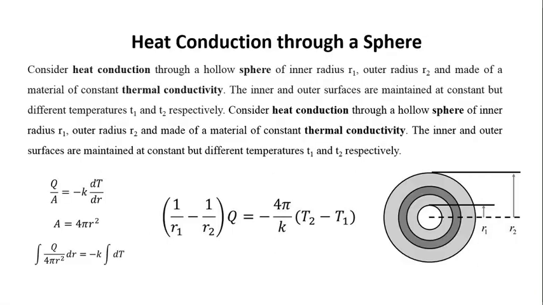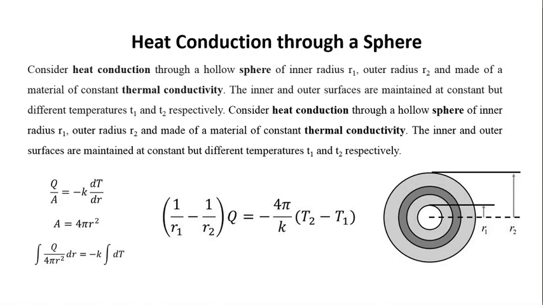We know the area for the sphere is 4 pi r square. Hence the Q conduction is equal to minus 4 pi K into T2 minus T1 divided by 1 by R1 minus 1 by R2, as clearly shown here.